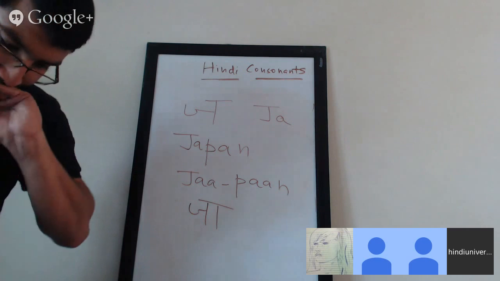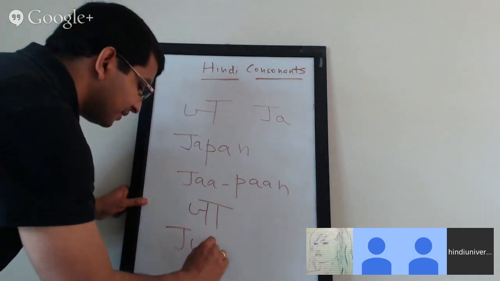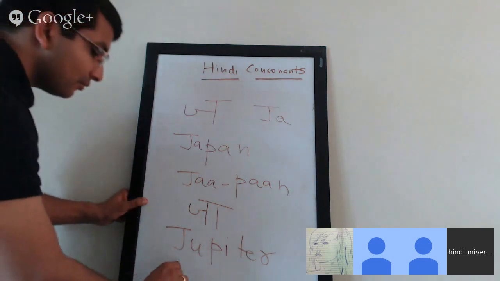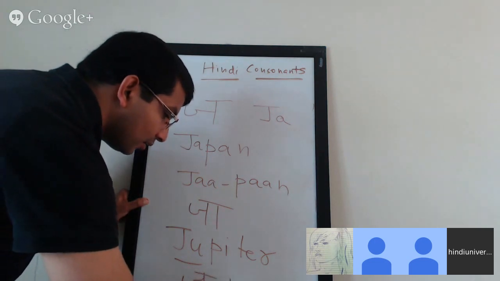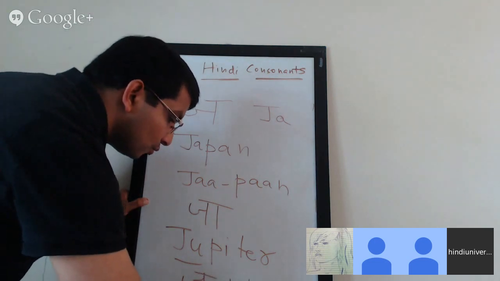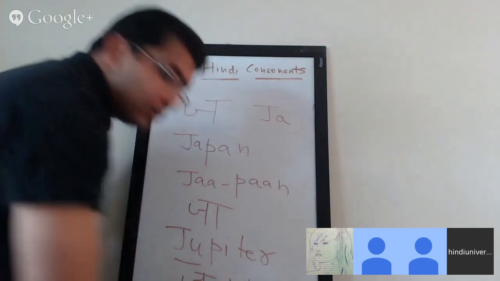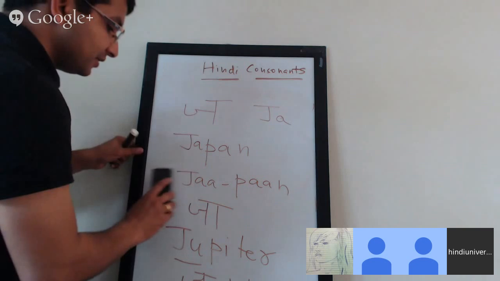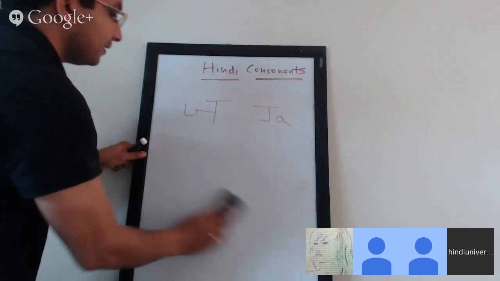Now, what about Jupiter, the planet, right? Jupiter. It's also a variation of our J sound. So there is a J followed by a U. Again, it's an exercise for you whether it's a small U. I don't think you can read it here on the whiteboard, so let me quickly erase it and write it down again.